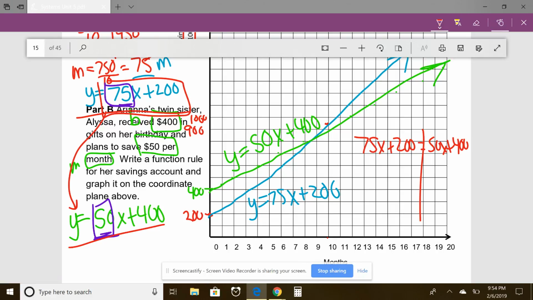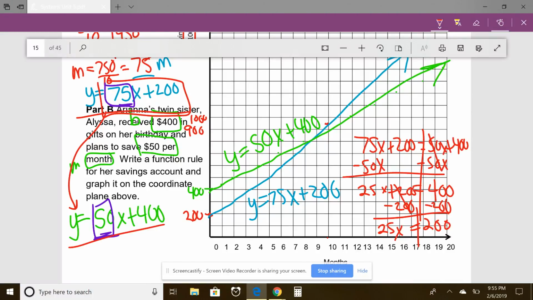Okay, so I'm going to minus 50x on both sides first and get 25x. And then cancel those out. And I'm going to minus 200 from both sides. So I get 25x is 200.